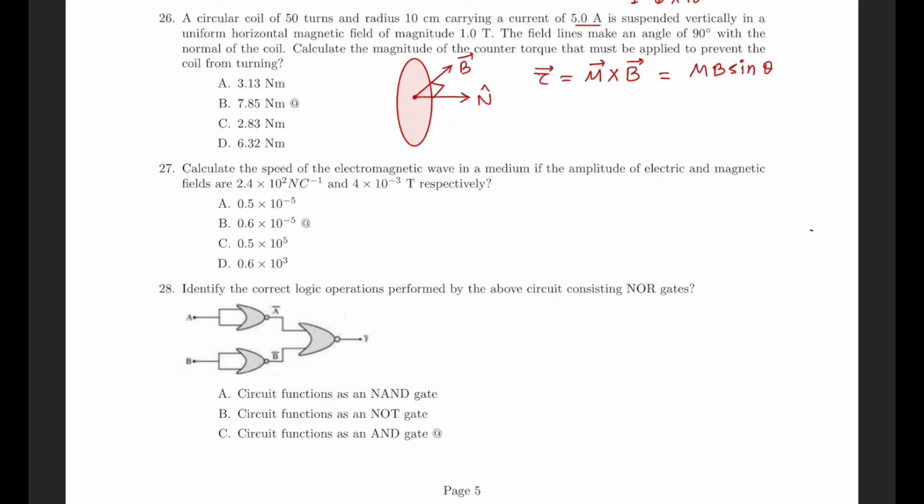Now the magnetic moment is current times the area of the circular coil times the number of turns, and sine 90 is 1. Current is 5 ampere, area is pi into 0.1 meter squared, into 50 into 1 Tesla, and the answer is 7.85 Newton meter, option B.